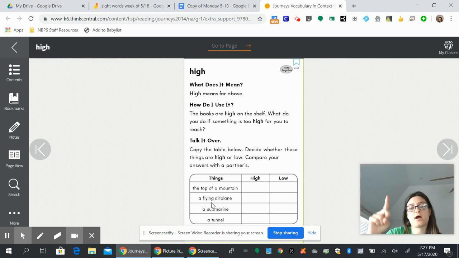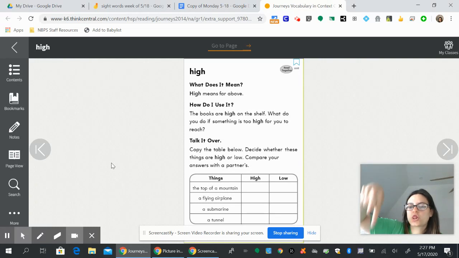You need to climb up the mountain. A flying airplane, high or low? We might not see as many out in the sky right now, but flying airplanes are high. They're high above your head. A submarine. A submarine is something that goes deep in the water to look at animals. So would that be high or low?